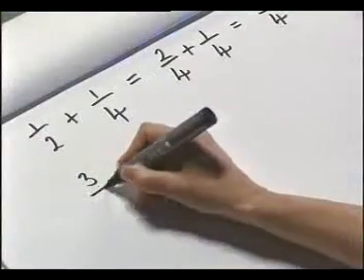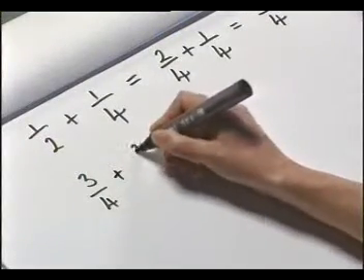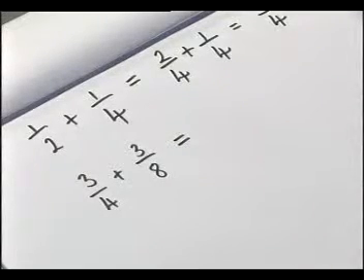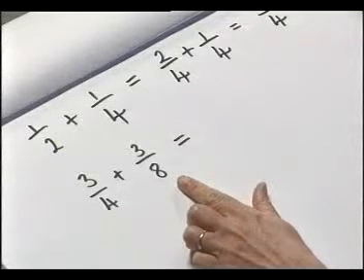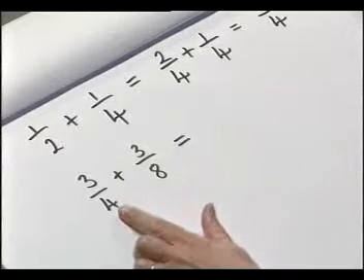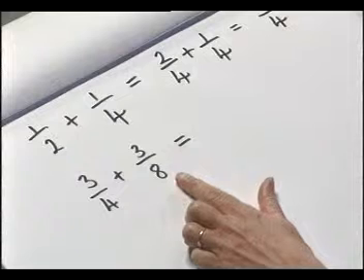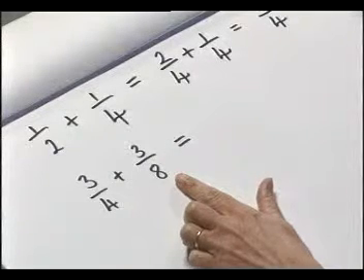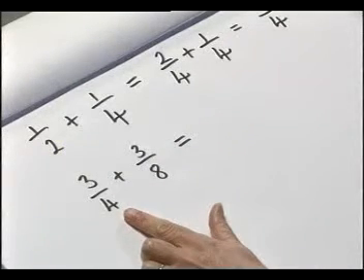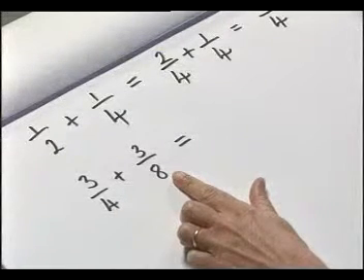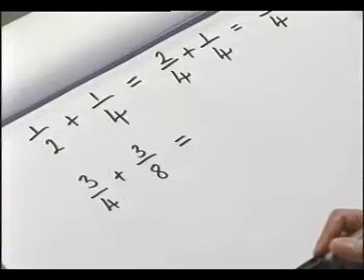Let's have a look at 3/4 plus 3/8. The denominators are not the same, so imagine now we have 3/4 and we have 3/8. What we need to do is to make these into 8ths. Let's go back looking visually again.